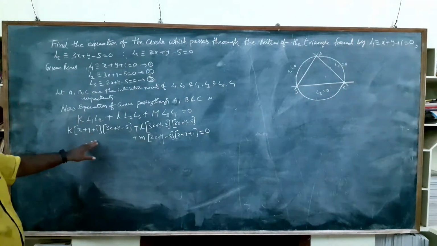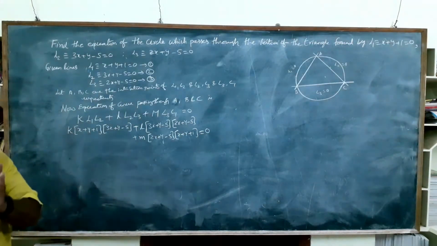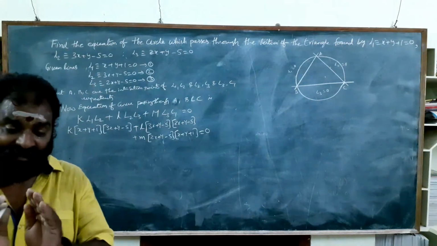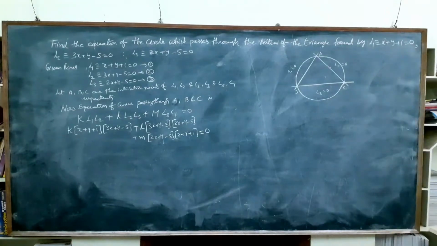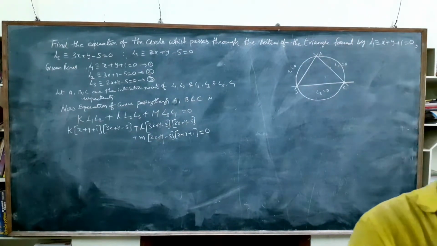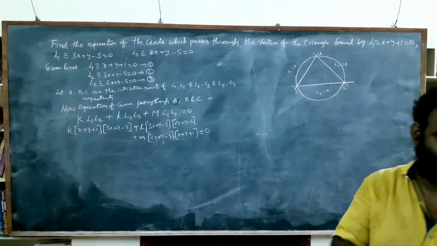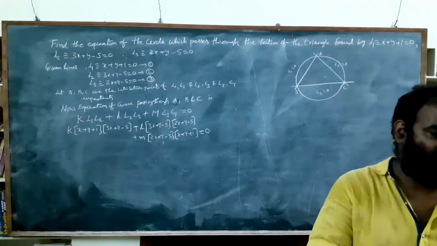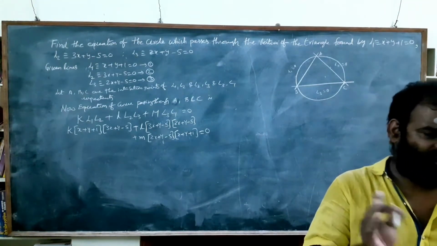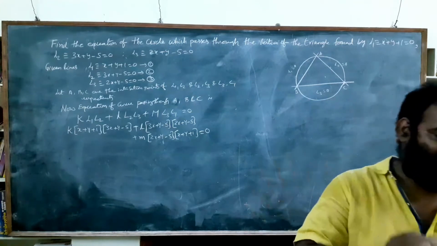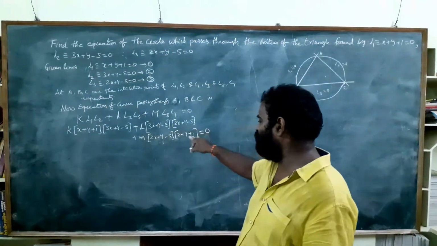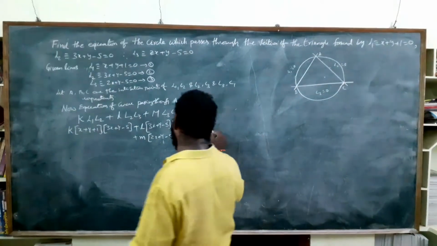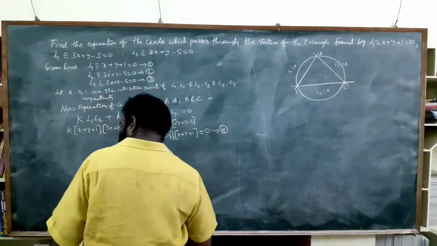Friends, this is the formula, the equation of a curve. I don't say it is a circle. What I am saying is the equation of a curve. A second degree equation of a curve, whether it is a parabola or circle or any other curve, is in the form of K, L, M like this. This is the fourth equation.